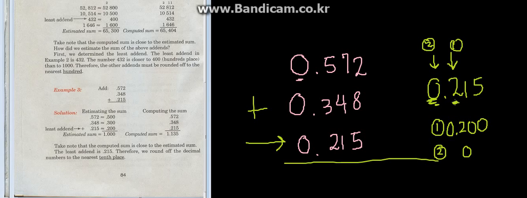So when we round it off to the nearest 10th place, we'll get 0.200, which is 200,000, right? And for the second case, when we round it off to the nearest 1st place, we'll get a 0. So I think it's better to go with the first case, instead of writing just 0, because then this number will have no value.